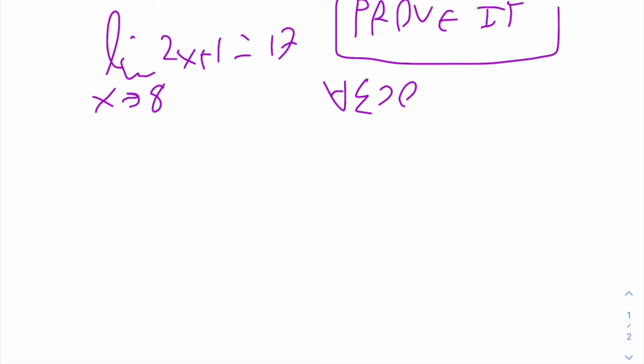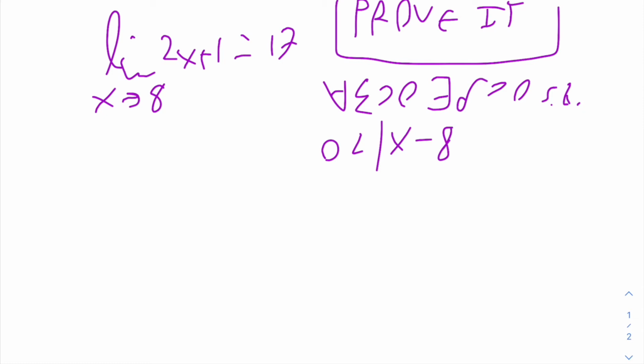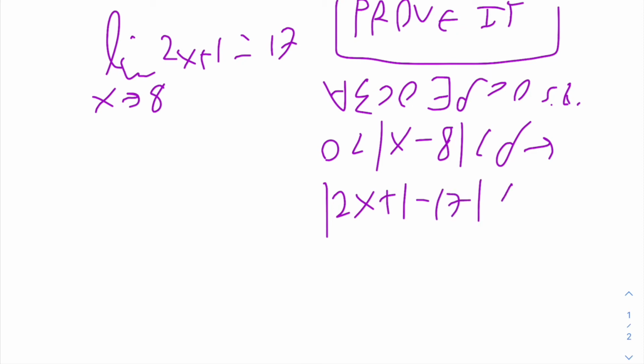So for all epsilon greater than 0, there exists a delta greater than 0, such that the distance between x and 8, which is the specific value in this case, is less than delta but greater than 0, implies that the distance between the function, which is 2x plus 1, and our proposed value for the limit is bounded in this epsilon window.